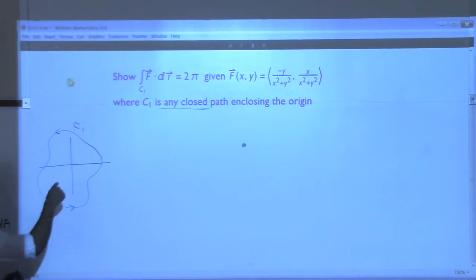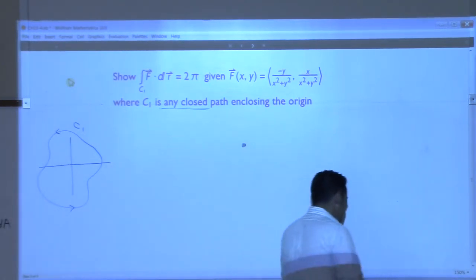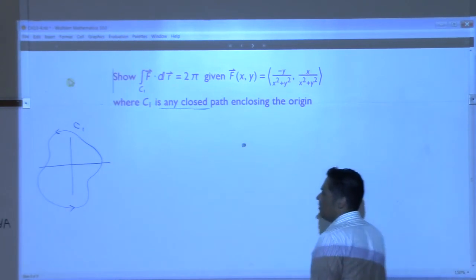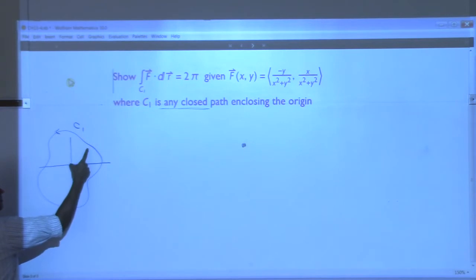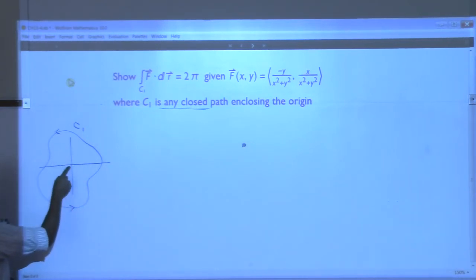It's arbitrary. Now, if the origin is in here, this is the key point. If the origin is inside there, then do you agree that there is some smallest, like minimum distance between my path and the origin? Like there's some space between my path and the curve. Some value, whatever. Well, what I'm going to do now is I'm going to choose a new path. And I'm going to call it C2.